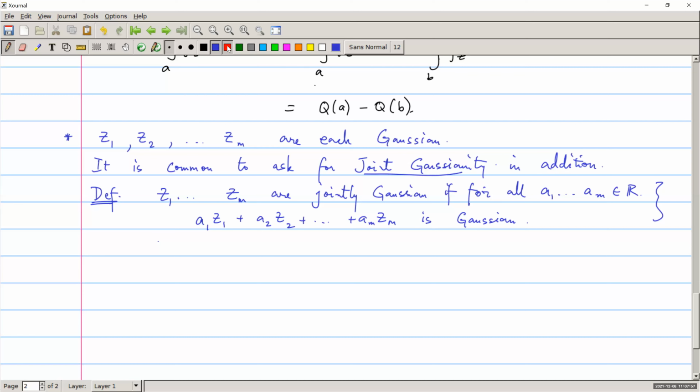This is like a minor miracle that happens when Z1 to Zn are jointly Gaussian. When Z1 through Zn are jointly Gaussian, what is the best estimate in general of z1 from z2?